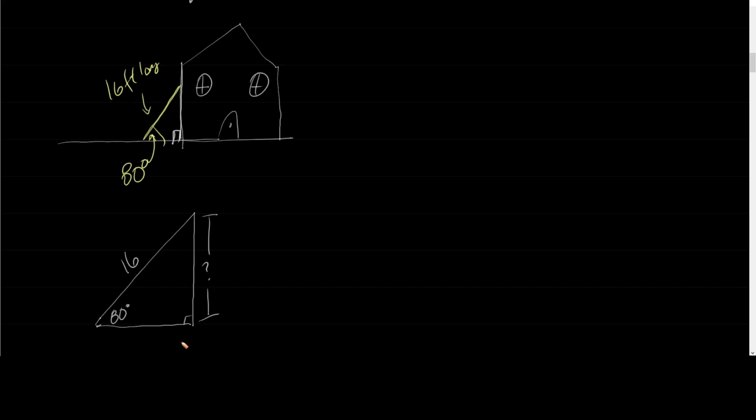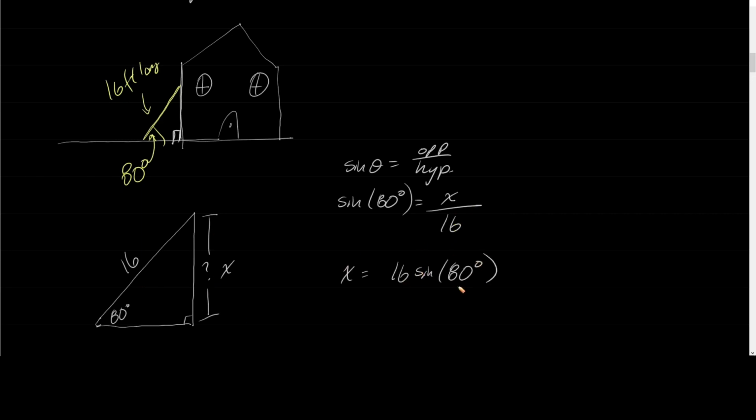And from SOHCAHTOA, if you're trying to relate these two sides with this angle, we have the opposite and the hypotenuse that we're trying to relate to that angle. So we know that sine theta is equal to opposite over hypotenuse. So the sine of 80 degrees is equal to the opposite, I'm going to call that x, over the hypotenuse, which is 16. So our x value, the height here, would be 16 times sine of 80 degrees.